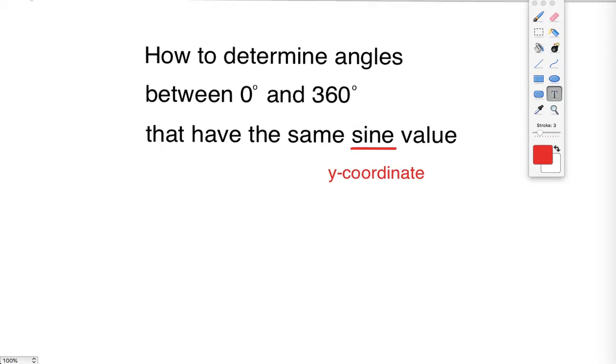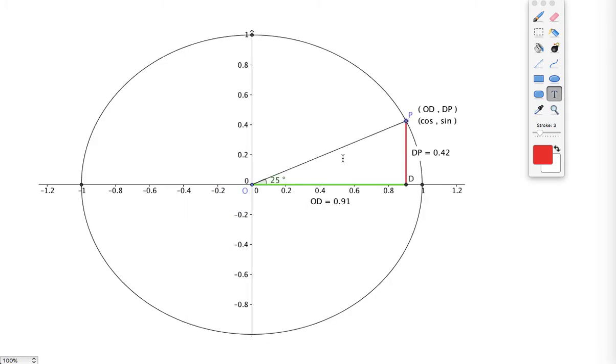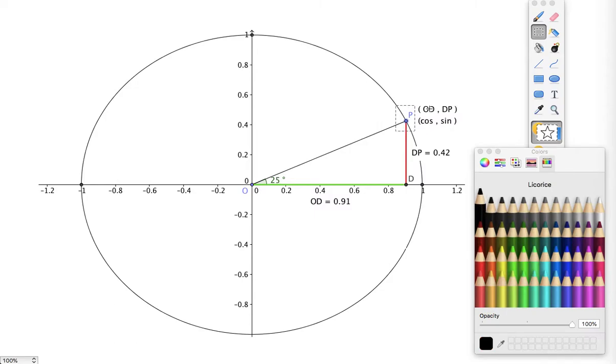Okay, so let's start off with this example right here. We're going to look at this point P right here, and this point P is at an angle of 25 degrees. So from here to here, it is 25 degrees.